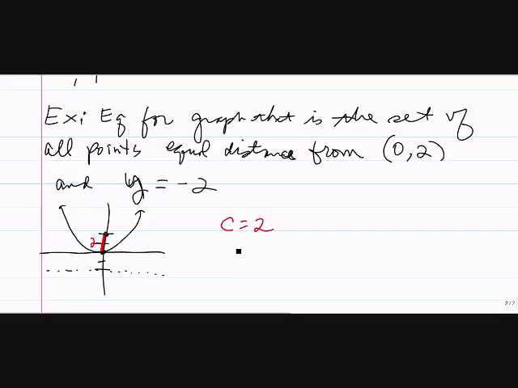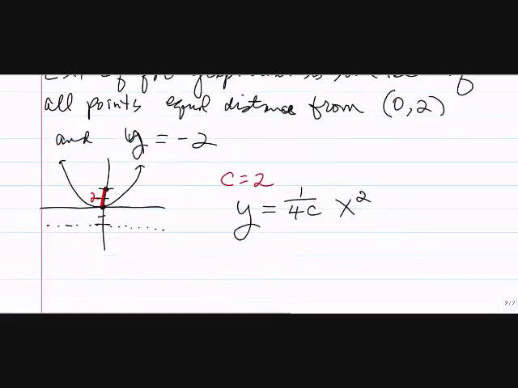The equation is, oh, this is a y equals because it's a going up or going down parabola. The equation is y equals 1 over 4c times x squared. The equation for this parabola is 1 over 4 times 2 times x squared, better known as 1 over 8 x squared.